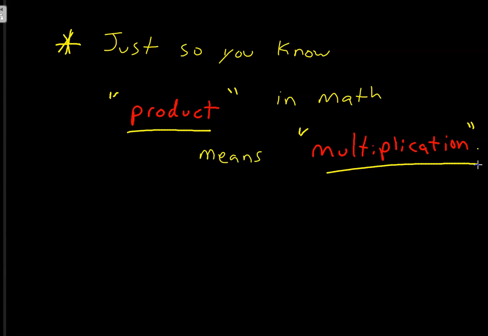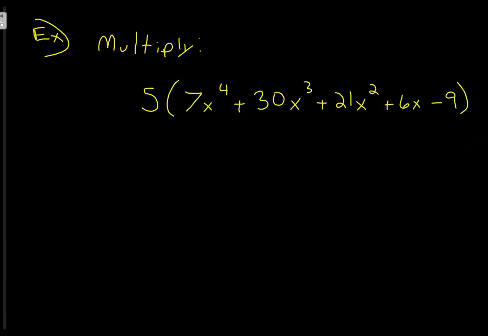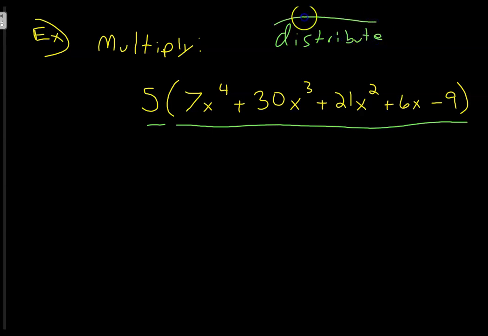Alright, I'm erasing this. It says multiply 5 times all of these numbers in the parentheses. So we'll multiply 5 to all the numbers that are within the parentheses, or find the product of all those numbers. So I'm going to take 5, and we're going to do this thing called distribute. Distribute means to multiply to each number that's separated by addition signs or subtraction signs in the parentheses.